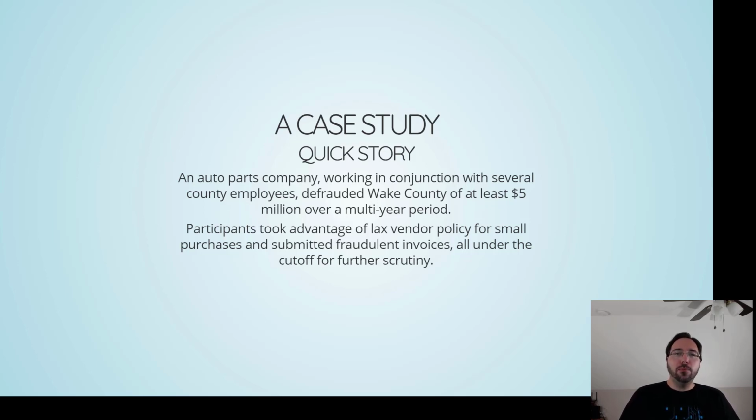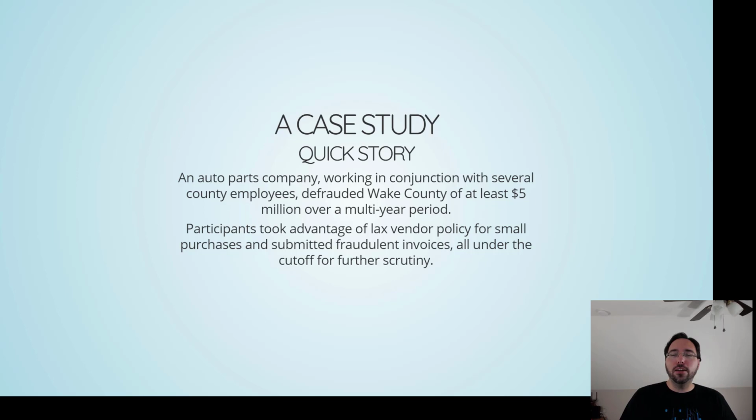The way that they were able to get away with this is that at that time, only invoices over $2,500 needed 2 signatures. If your invoice was under $2,500, then you only needed 1 signature. So the auto parts company would submit an invoice under $2,500. One of the people involved in the scheme would sign off on it, and they'd get the money.